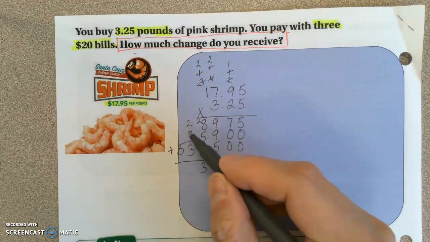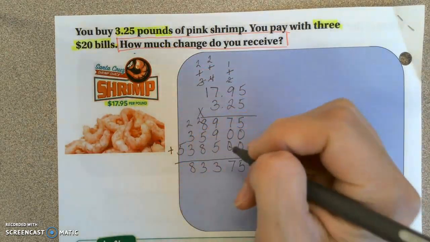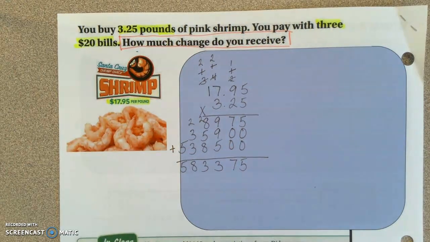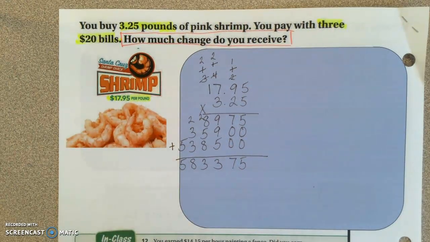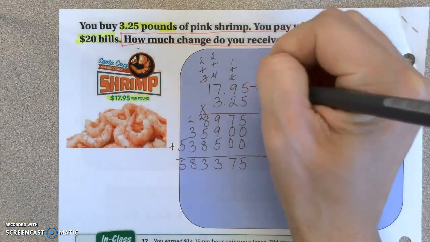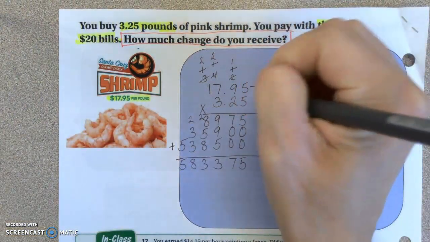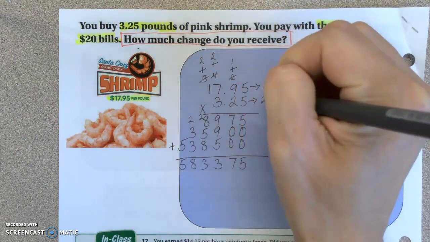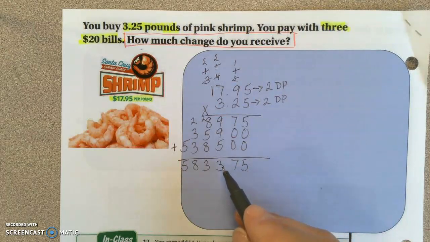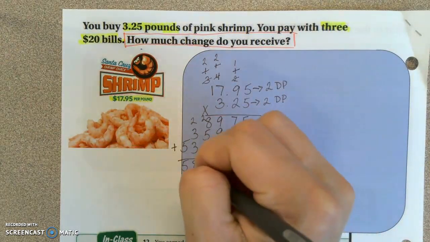And then 6, 7, 8, and that 5. Hey, and now we need to figure out, where does the decimal point go? So we have 2 decimal places here, 2 decimal places here. So 4 total. 1, 2, 3, 4.